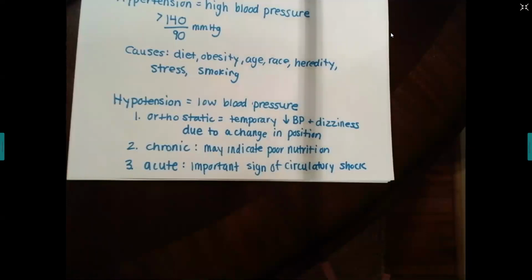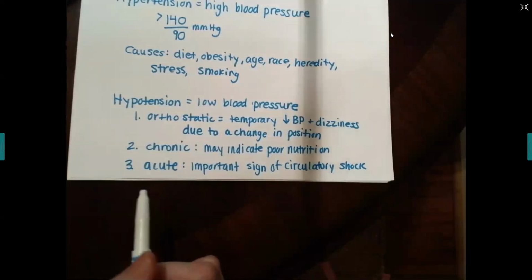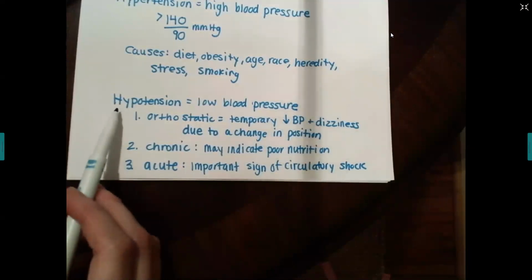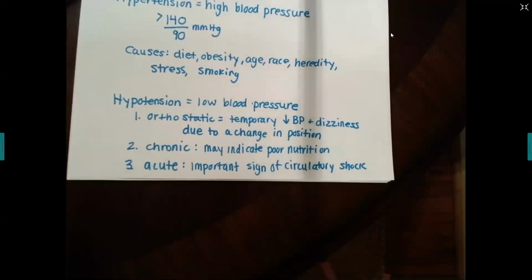They need to get to the root of it. Somebody comes in from trauma, a bad car accident, a gunshot wound, and they're fine. And then all of a sudden they're not fine, and their blood pressure starts dropping to very scary levels, and they may go kind of out of it. That is acute or sudden onset of hypotension, or low blood pressure.